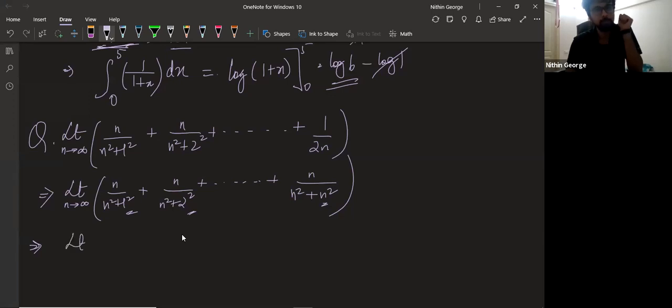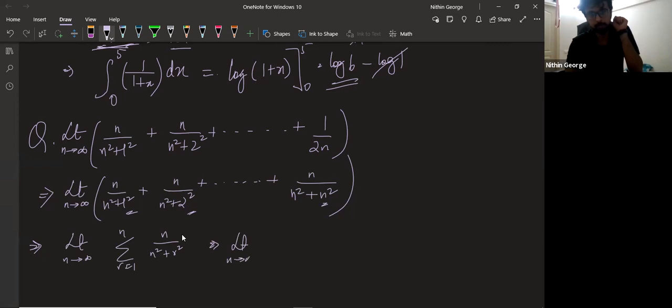What can this be written as? Limit n tends to infinity, sigma r equal to 1 to n, n by n square plus r square. So next step is I'll convert it into r by n form.